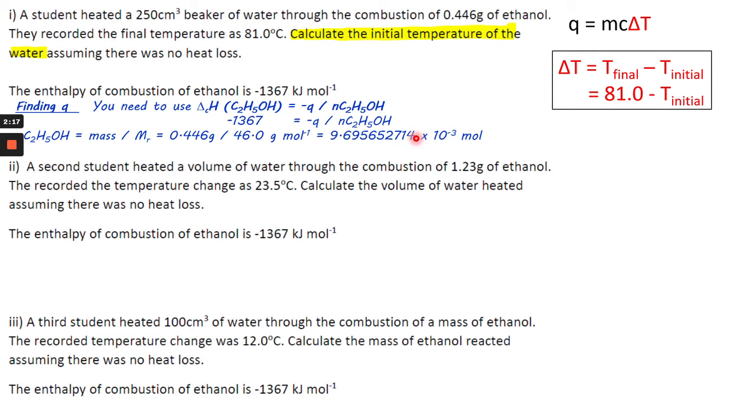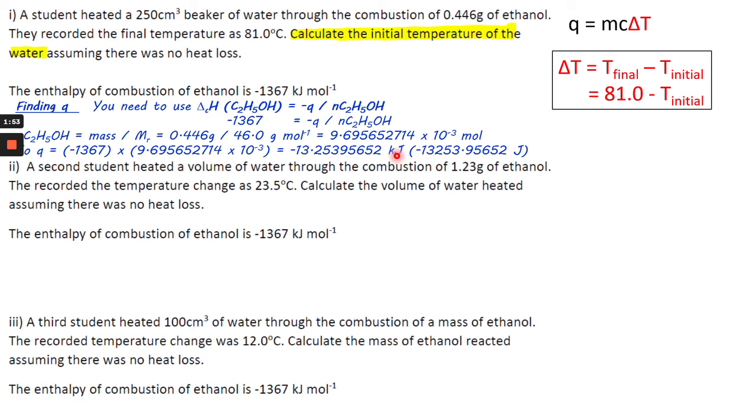I'll bring down the calculator value to keep it nice and straightforward, so we don't lose any accuracy as we go through the stages of the calculation. So Q is going to be minus 1367 times that value. Rearranging, so Q is the subject, and that gives you minus 13.25395652.